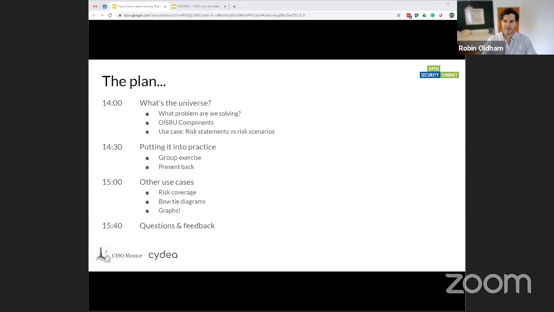Then you're going to have a chance to put it into practice through a group exercise and present back. In the second half, we're going to go through some of the other use cases, around risk coverage, bow tie diagrams, and graphs. We're going to hopefully leave plenty of time for questions. And crucially, we'd also be interested in your feedback when we get to the end. So hopefully we can stick roughly to that schedule, give or take 30 minutes either way. I think that's probably doable.